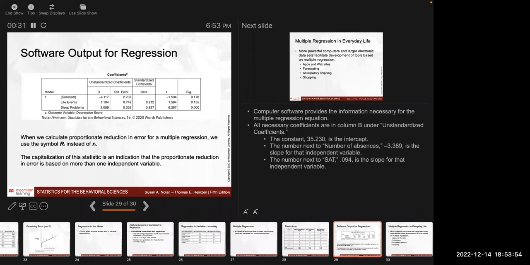So you have here, if you include both of these variables in your multivariable model, you get an intercept of minus 4.117. You get life events 1.194 as your slope, and you get 2.09 for sleep problems. You get a corresponding standard error.